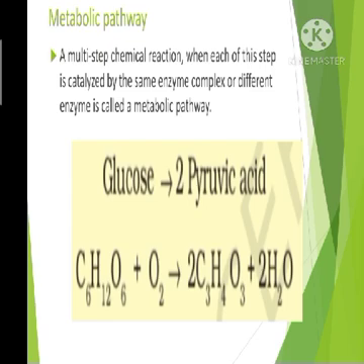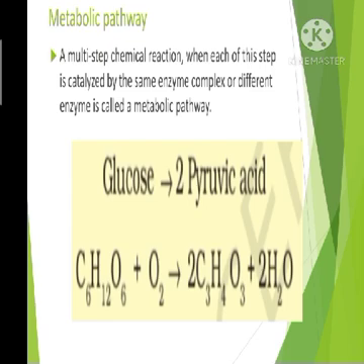A multi-step chemical reaction in which each of the steps is catalyzed by the same enzyme complex or different enzymes is called a metabolic pathway. For example, glucose is converted into 2 molecules of pyruvic acid. So it is a metabolic pathway.